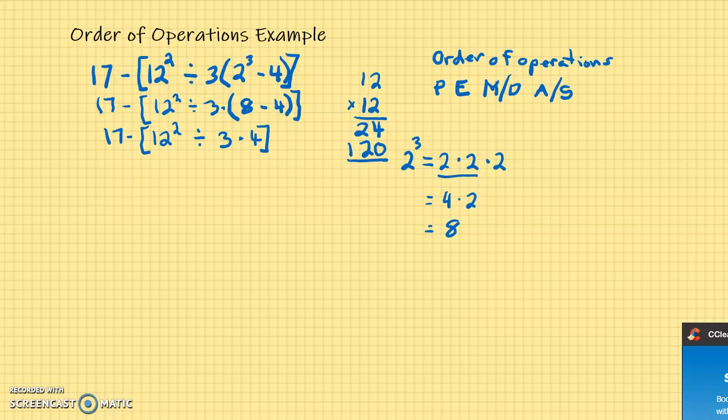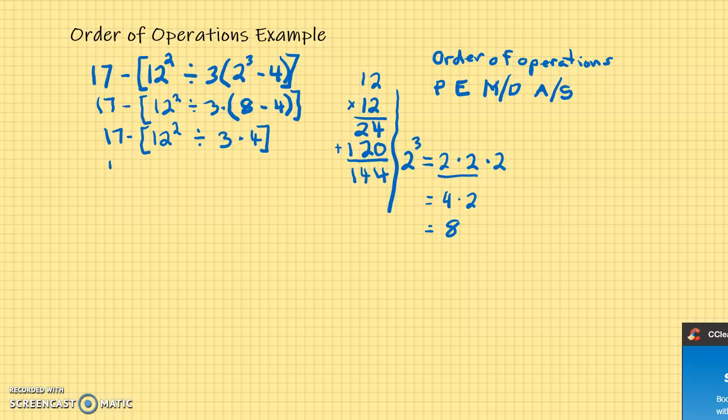And then I'm going to add. So 4 plus 0 is 4. 2 plus 2 is 4. And nothing plus 1 is 1. So it's 144. I'll draw a little line right here to divide those. So 12 squared is 144.